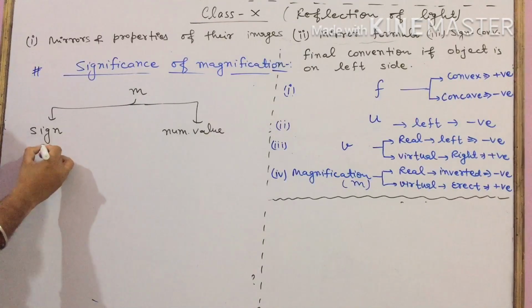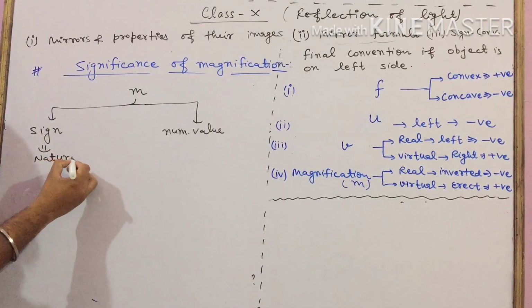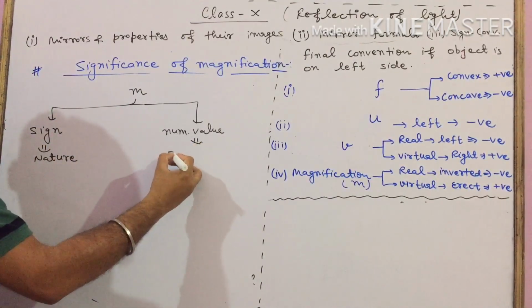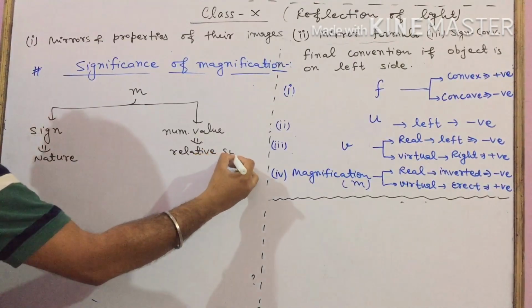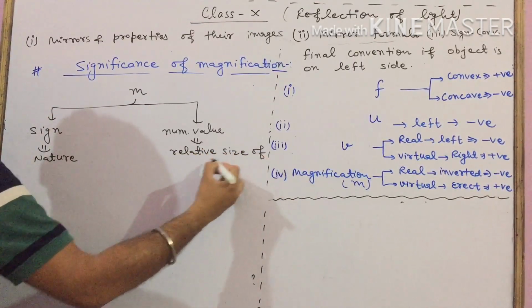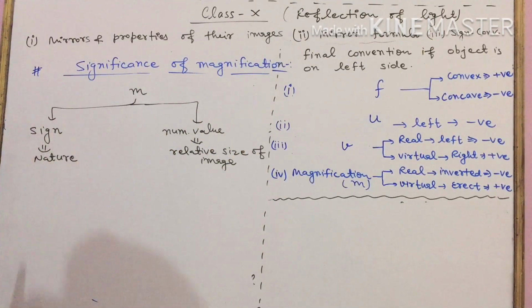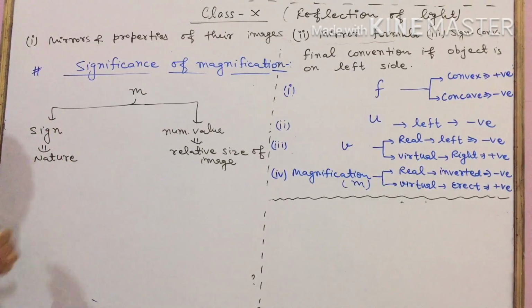This sign tells us about the nature of the image, while this numerical value gives us some idea about the relative size of the image. It will be clear to you when I take some examples. So as I said, the sign will tell us about the nature.